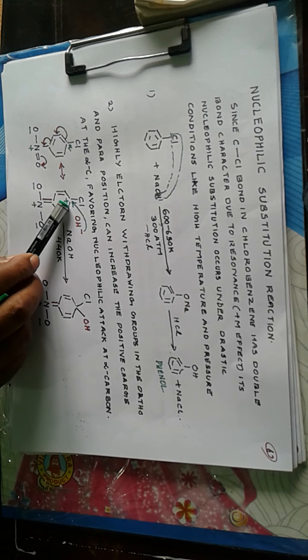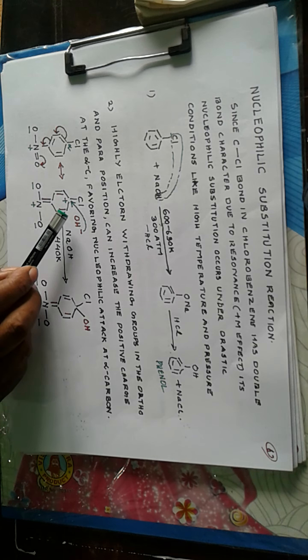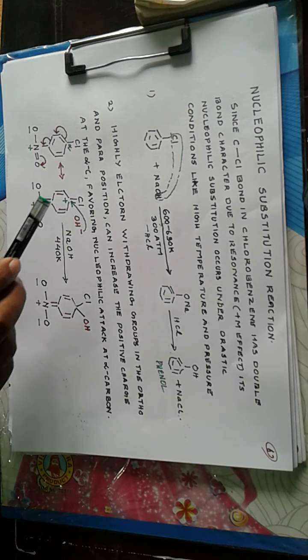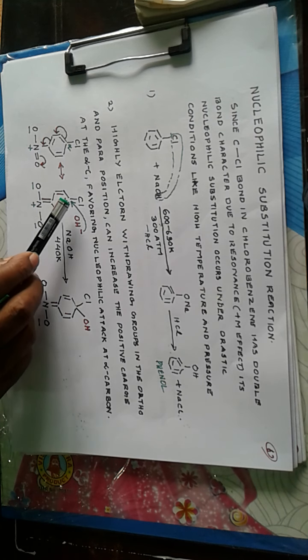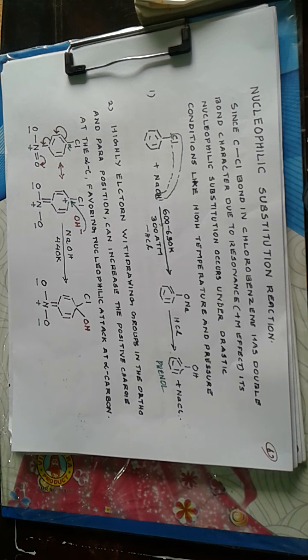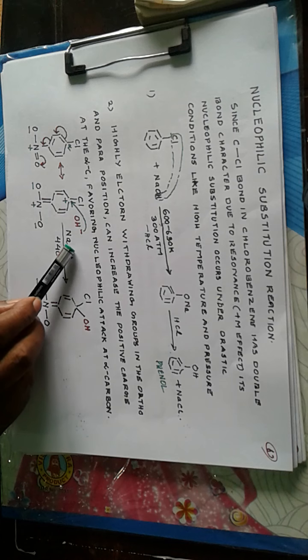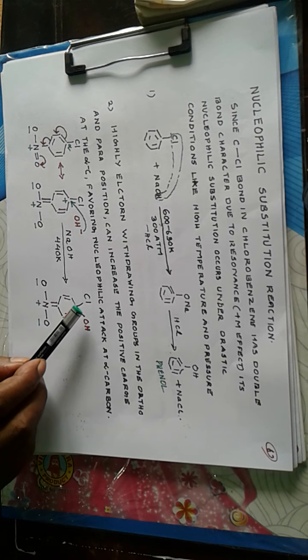This is a canonical structure, so in the resonance hybrid the alpha position will possess partial positive charge, and OH minus can attack this alpha carbon because of its partial positive charge character. In presence of NaOH, OH minus will be attacking this alpha carbon.